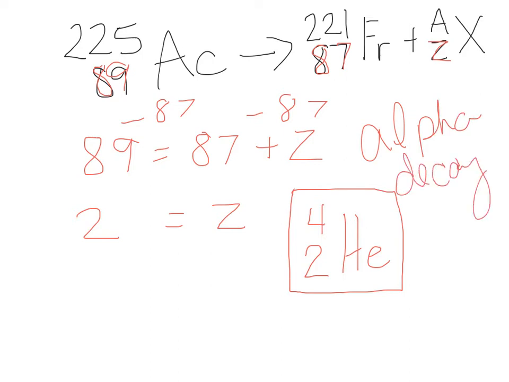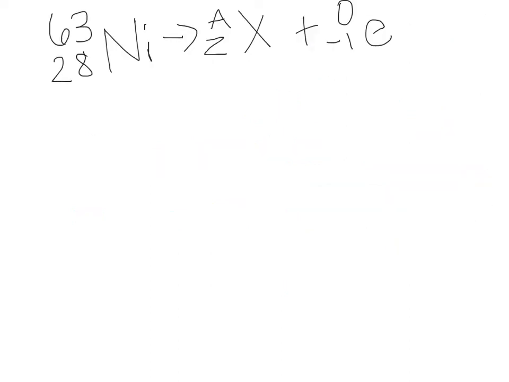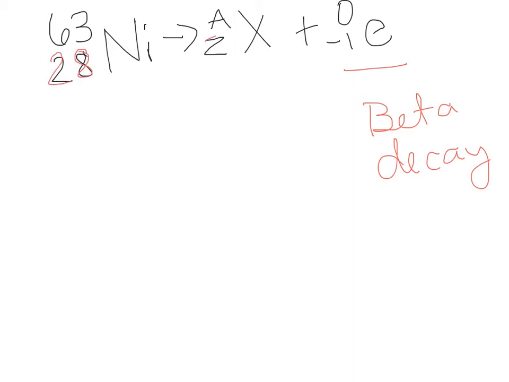So in this example, nickel decays to form a mystery element and a beta particle. So right off the bat, what kind of decay is this? Alpha or beta decay? Beta decay. So we can answer that part immediately because of this beta particle right there. Now if we look at the atomic numbers again, we have 28, Z, and -1.